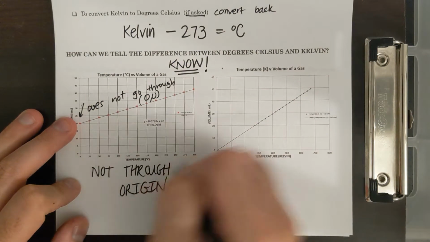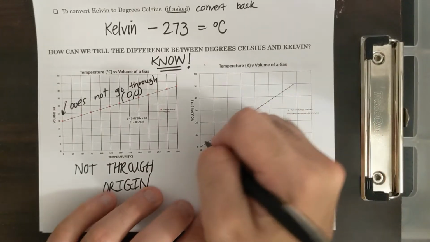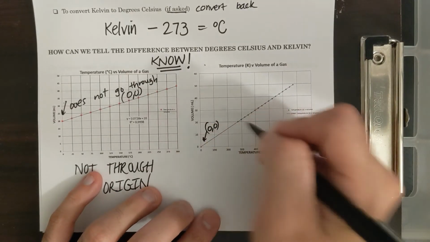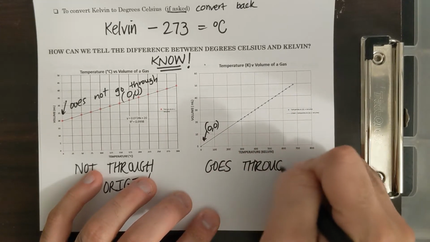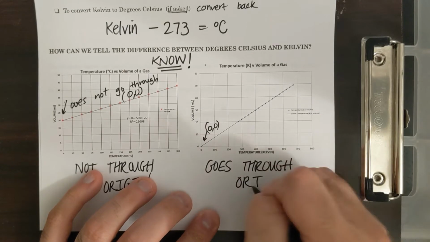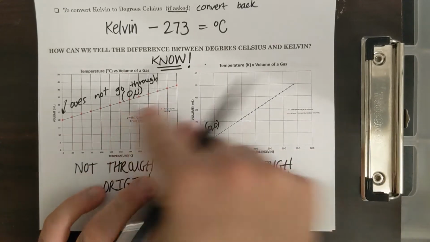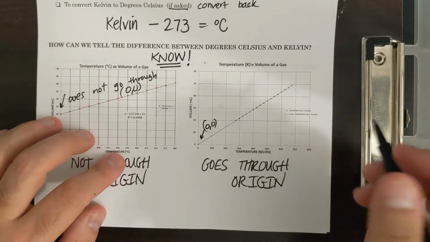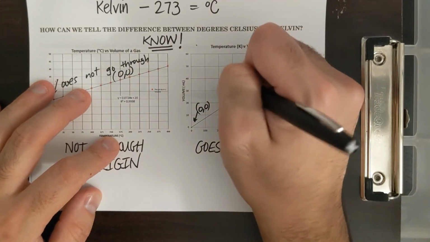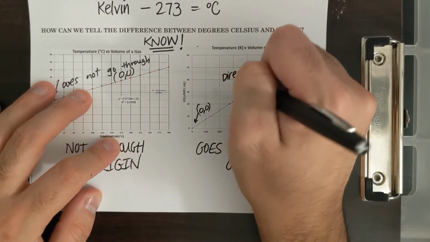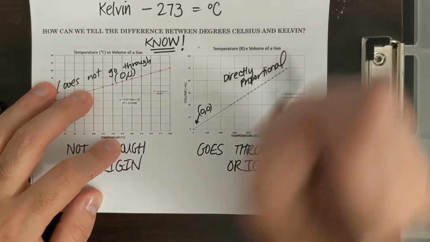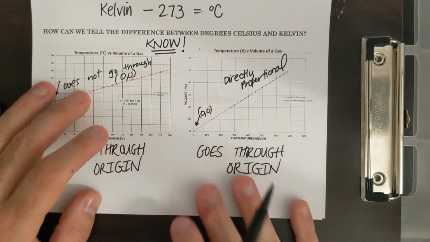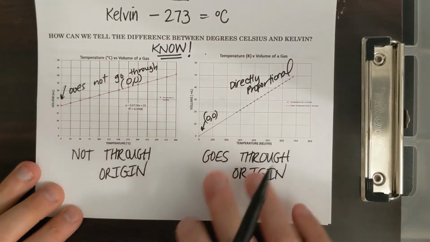And Kelvin versus volume does go through 0, 0, through the origin. You need to know how to read and interpret these two graphs. This is directly proportional, so if I double my temperature, I will double my volume. You're going to have to recognize these two graphs on your unit test for this unit.